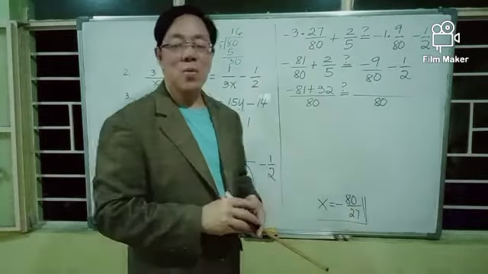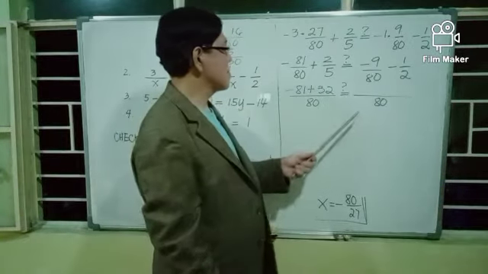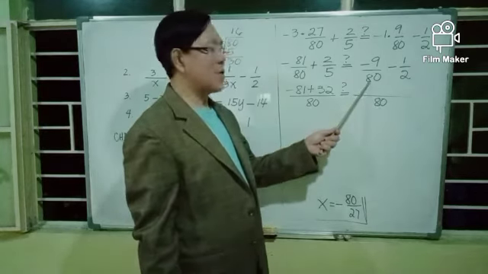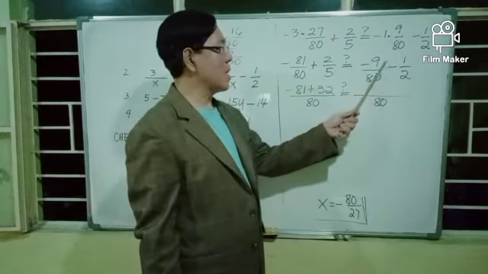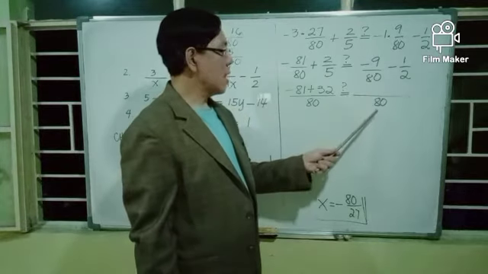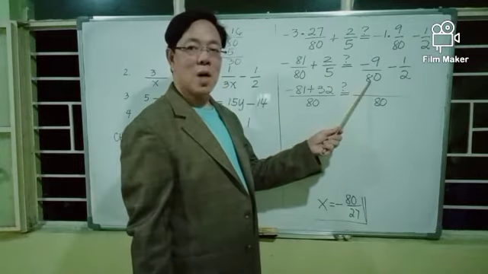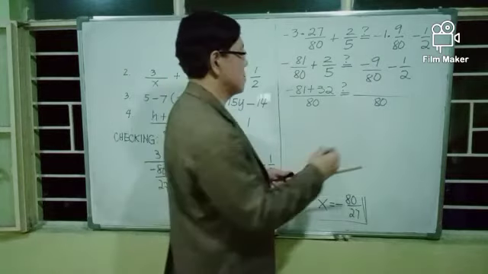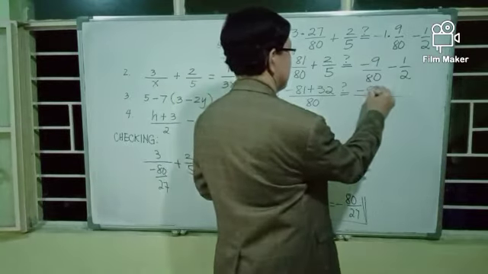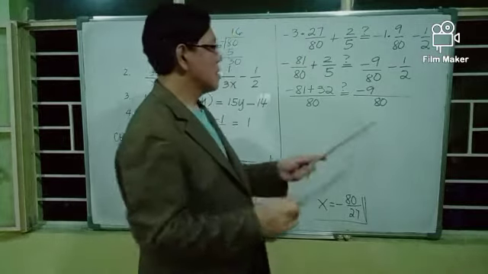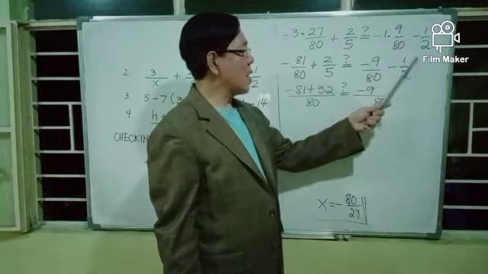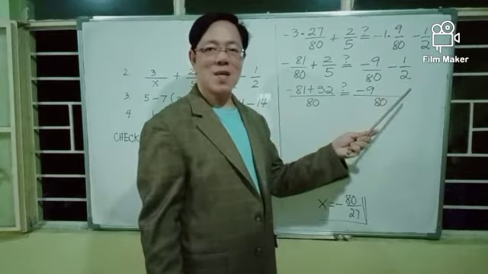And to find the numerator, we divide the LCD by each denominator and multiply the quotient by the numerator. 80 divided by 80 is 1, multiplied by negative 9 is negative 9. 80 divided by 2 is 40, multiplied by negative 1 is negative 40.